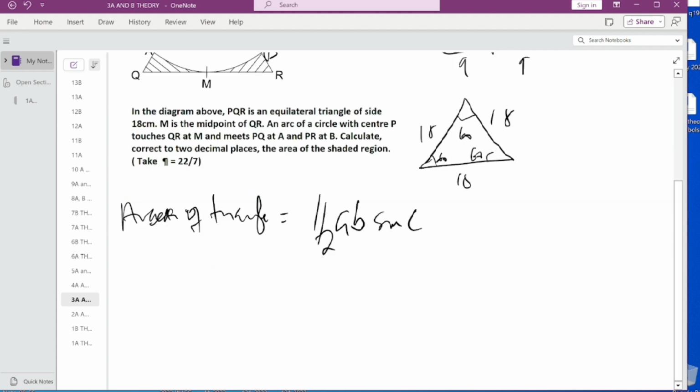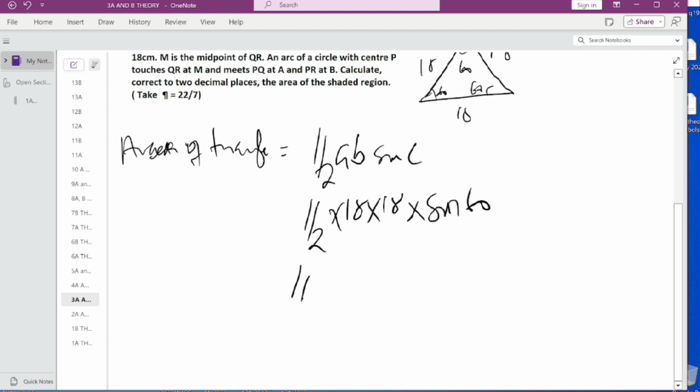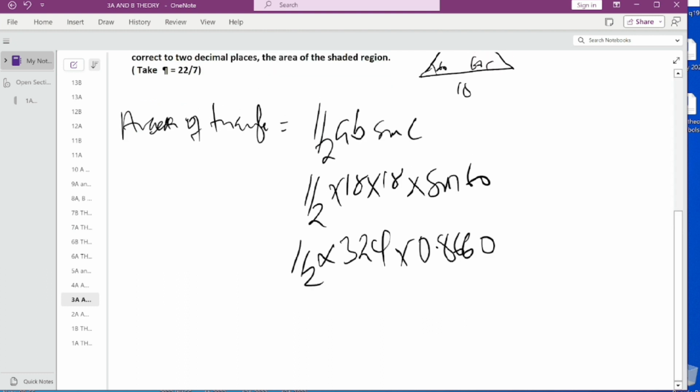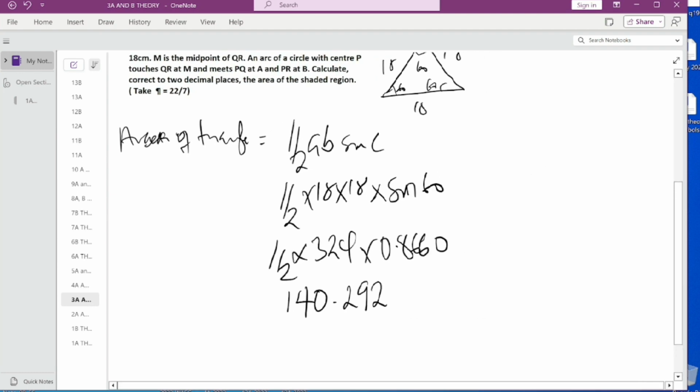We have our area to be half times 18 times 18 times sine 60. Half of 18 times 18 is 324, times sine 60 is 0.8660. Our answer for this will give us 140.292. That's the area of the triangle.